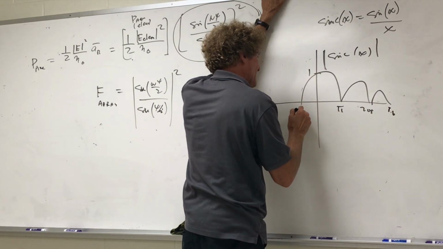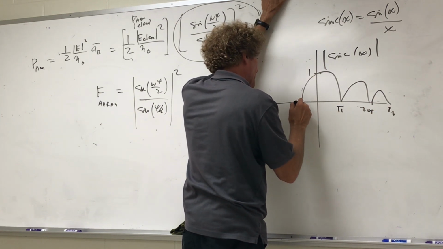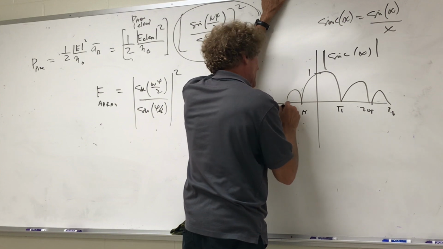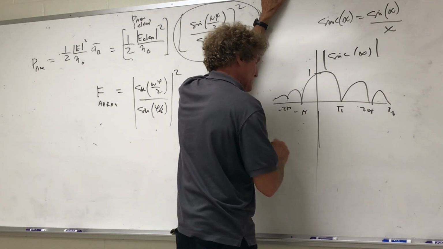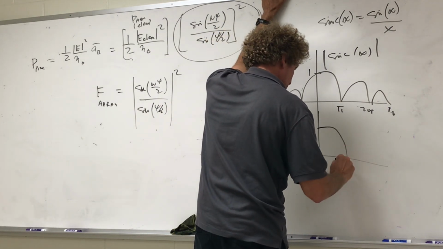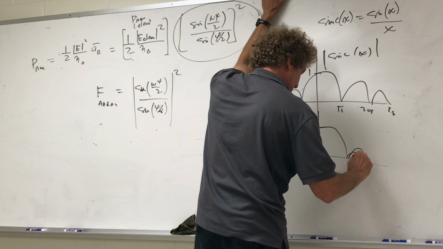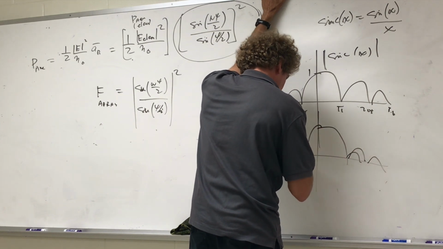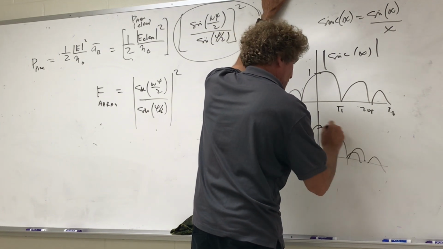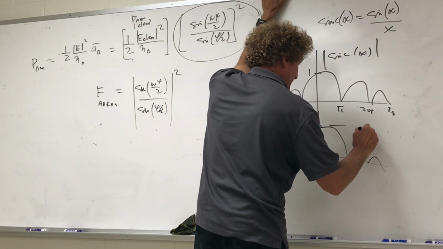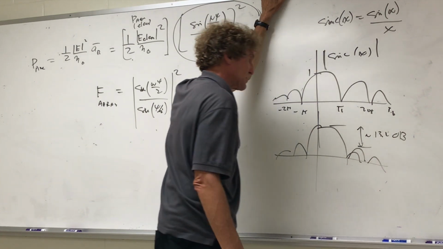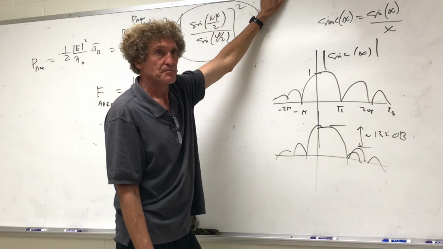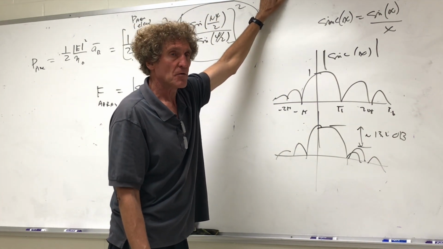Here it would be symmetric, minus pi, minus 2 pi, and so forth. If you square it, it's more enhanced, right? It just does this. Basically like this. And when you square it, the difference here is about 13.2 dB, if you actually put this in dB. It's a number you're going to see over and over again too.